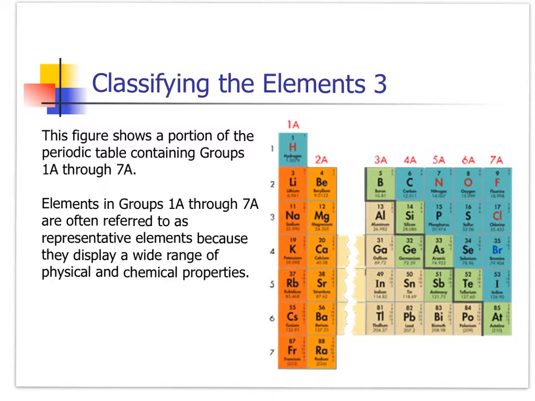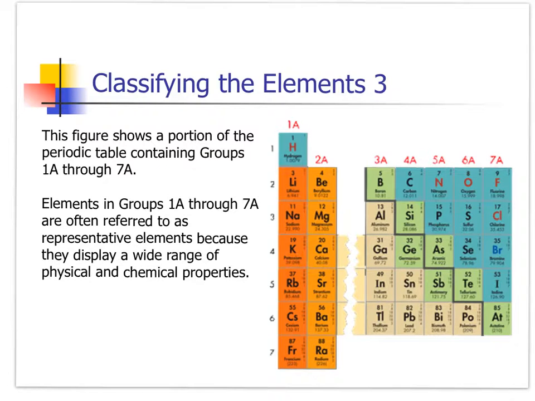Now, here is what's known as the representative elements. These are the groups in the periodic table that we talk about when we discuss trends, as we will be doing. We'll see in some later graphs why we don't talk about the transition metals.